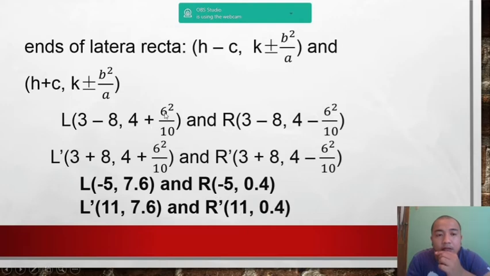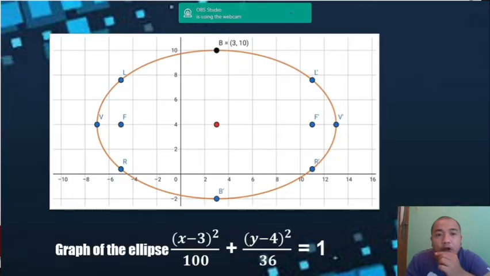Then 4 plus 36 over 10 is 3.6, so 4 plus 3.6 is 7.6, and 4 minus 3.6 is 0.4. So here are the endpoints of the lateral recta: (-5, 7.6), (-5, 0.4), (11, 7.6), and (11, 0.4).